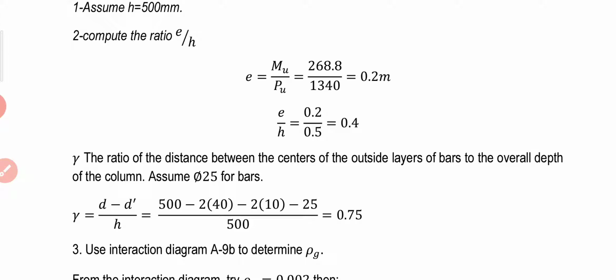So 500 minus 2 into 40 minus 2 into 10 or minus 25 upon 500. So we can get gamma equal to 0.75.